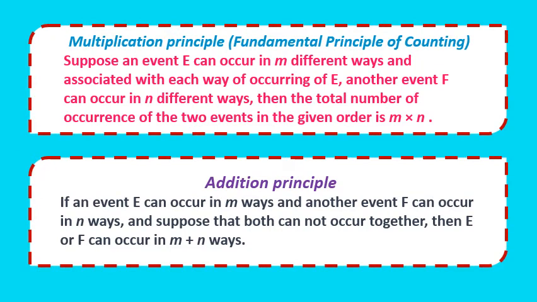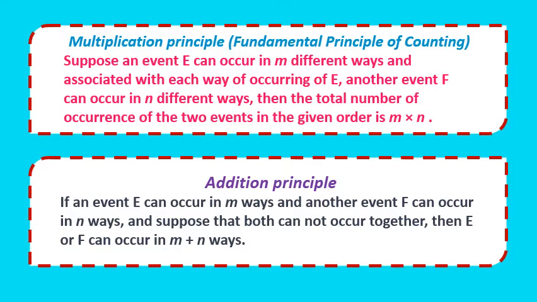So coming to the fundamental principle of counting, which is also called multiplication principle. Suppose we have an event E which can occur in m different ways, and associated with each way of E there is some another event F that can occur in n different ways. Then the total number of ways in which the events E and F occur will be given by m multiplied by n.